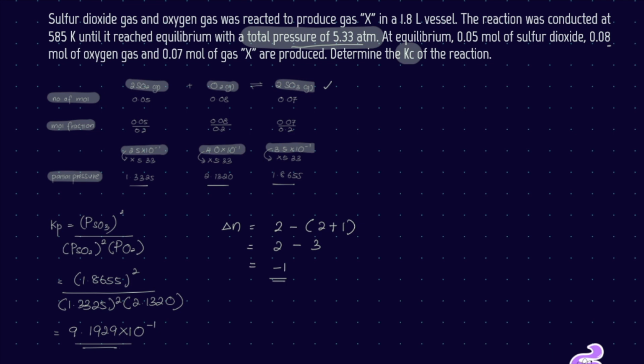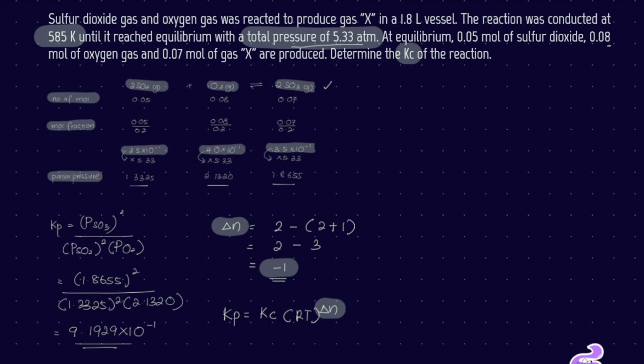So, how are you going to relate the Kp with the Kc? The formula is Kp is equivalent to Kc (RT) to the power of delta N. For the delta N, you already calculated just now. Your delta N is negative 1. And your R is the gas constant. The temperature is given to you in the question, which is 585 Kelvin.